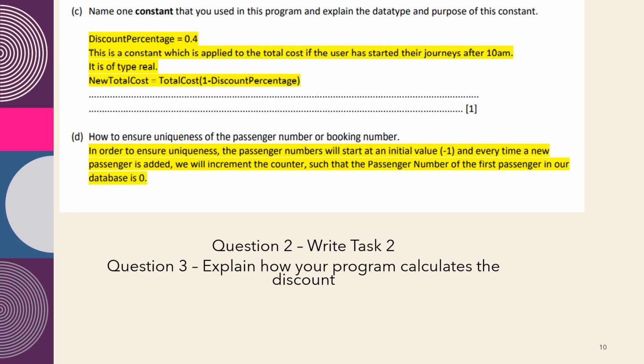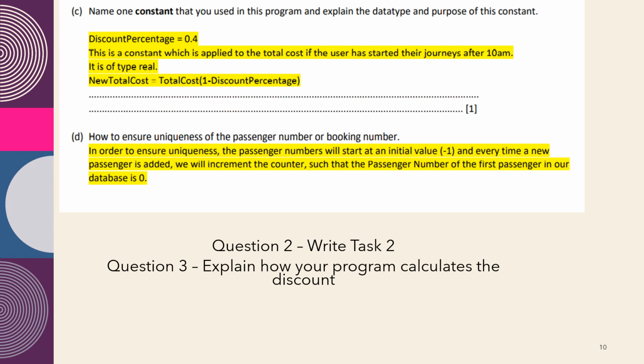How did you ensure uniqueness of the passenger number or the booking number? So the way that it's described is you should ensure uniqueness by generating a unique number. In order to generate a unique number, your passenger number will start at an initial value, for example -1, and every time a new passenger is added, we'll increment that counter such that the passenger number of the first passenger is 0, the next one is 1, the next one is 2, and we are ensuring uniqueness. We never repeat passenger numbers.